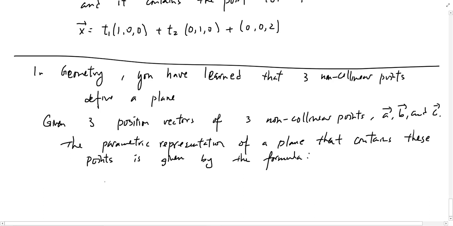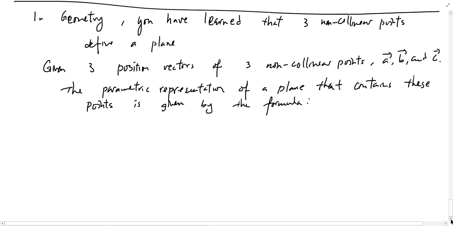And once again, there are many variations of this particular formula. As a matter of fact, there are like 9 different variations, but I'm going to give you the variation that I want you to use. The variation will be vector x equal to t1 (vector C minus vector A) plus t2 (vector B minus vector A) plus vector A. This expression is just like the line.